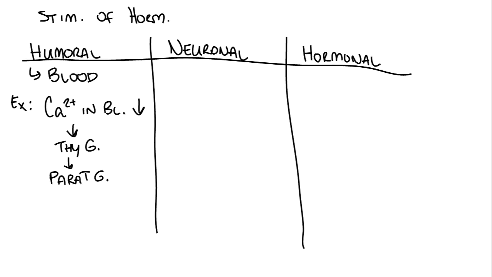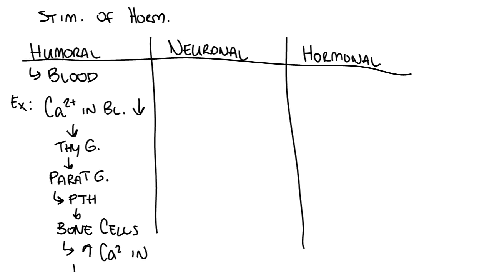When that blood is sensed in the parathyroid glands, it causes them to secrete parathyroid hormone. That parathyroid hormone's target is bone cells. When it targets those bone cells, it causes a release of calcium that then gets dumped back into the blood. So this will increase calcium in the blood. Some up arrow.